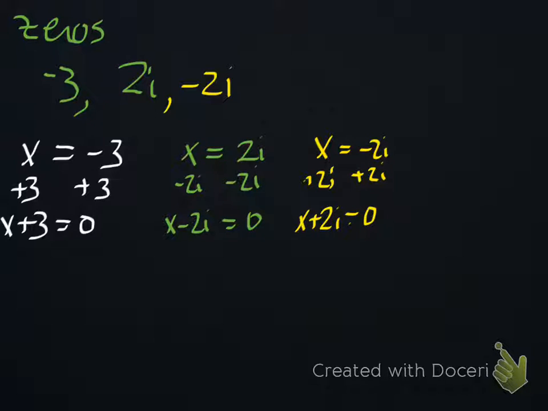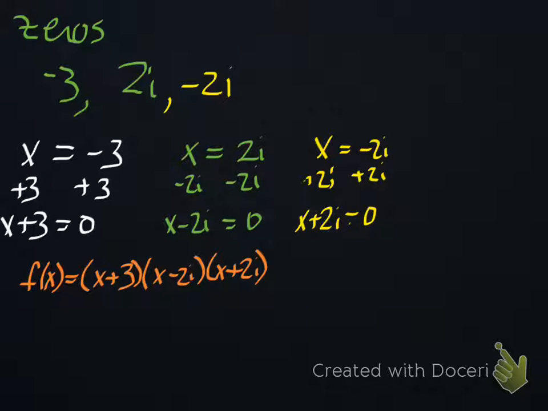So when we go back to actually write our equation, f of x is equal to x plus 3, x minus 2i, x plus 2i. If you don't have to, you can leave it factored, you stop here. That's factored.